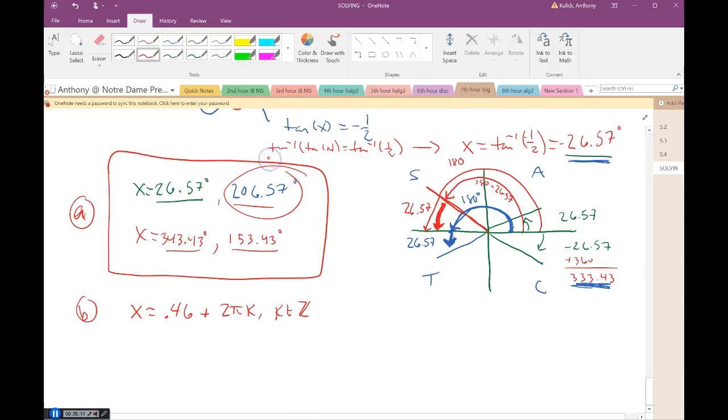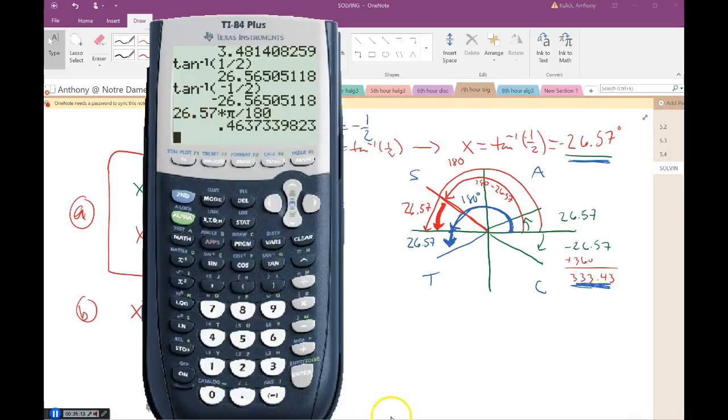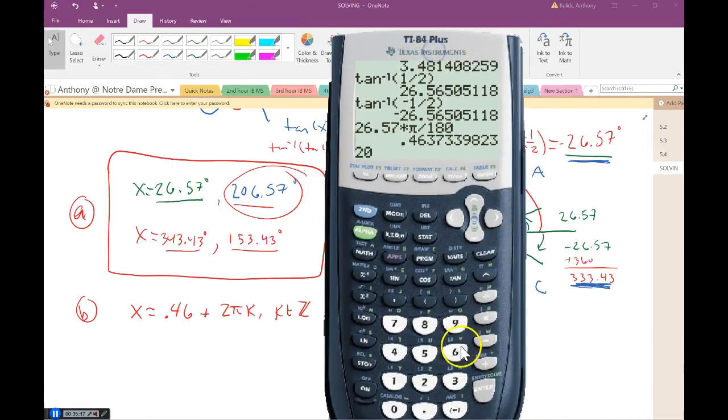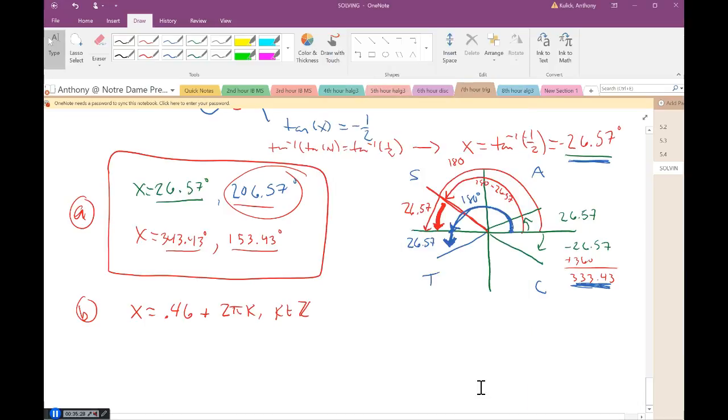And then I'll look at this one. So that was 206.57 times pi over 180. So that's 3.61 plus 2 pi k, k an element of the integers.